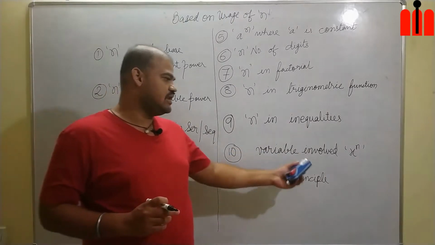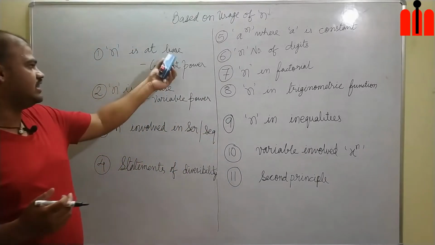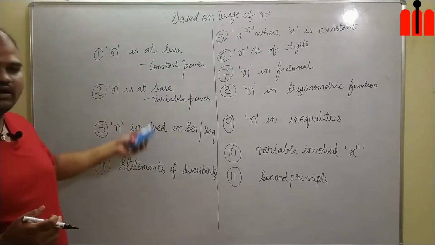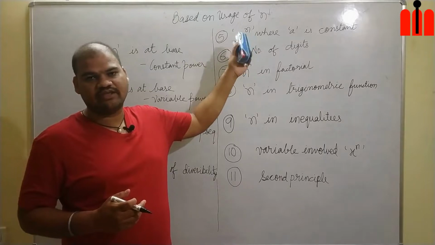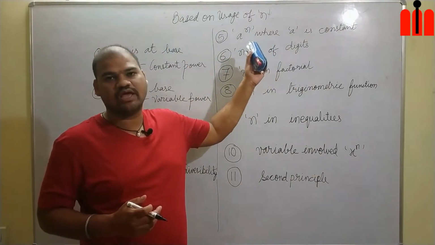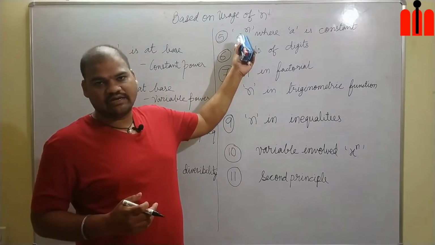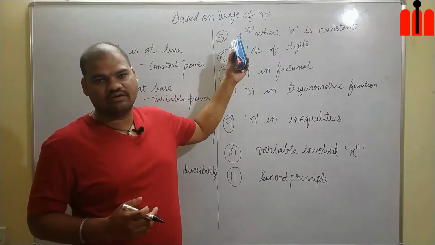Next is variable involved. Earlier we discussed that n is at base in the first four categories. When we went to category 5, we saw that n is at power, and a is a constant there.